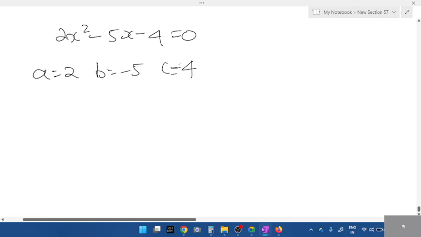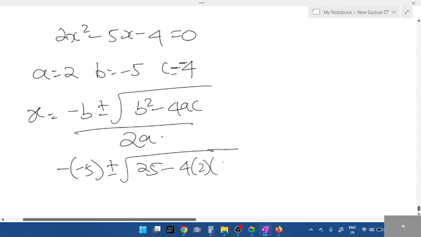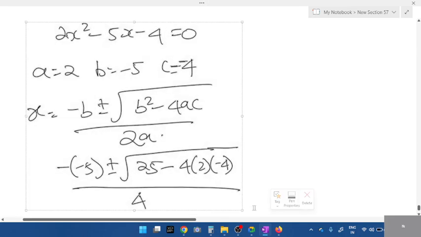Use the Sridharacharya formula. x is equal to minus b plus minus square root of b square minus 4ac, by 2a. Now if I substitute minus of minus 5 plus minus, what is b square, students? 25 minus 4 into a, which is 2, into c, minus 4, divided by 2 into a, which is 4.